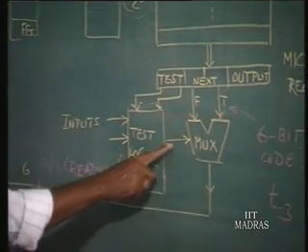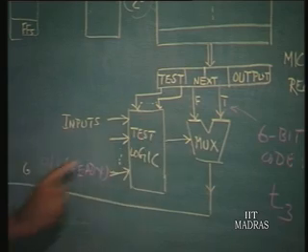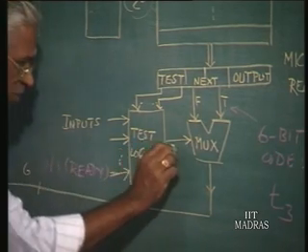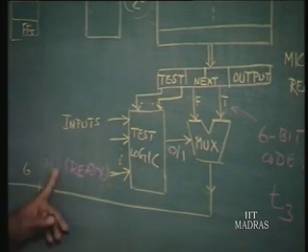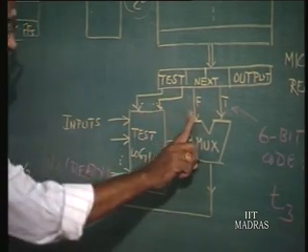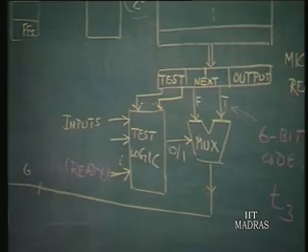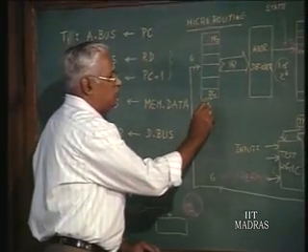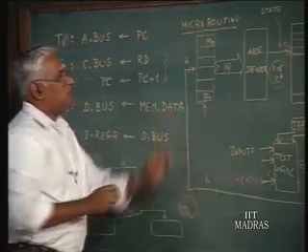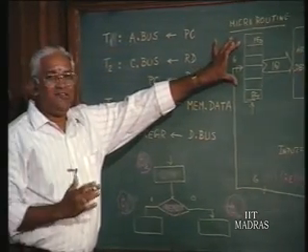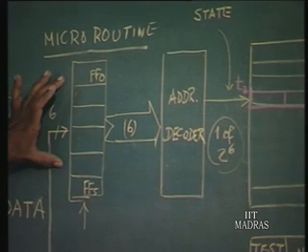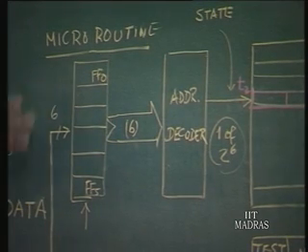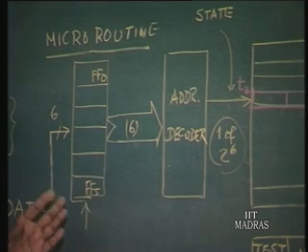Depending on whether the test has passed or not, either this or this will be passed on to this, which is a state generator. With this you are generating all the states. In fact, sometimes it's even called a major state generator.